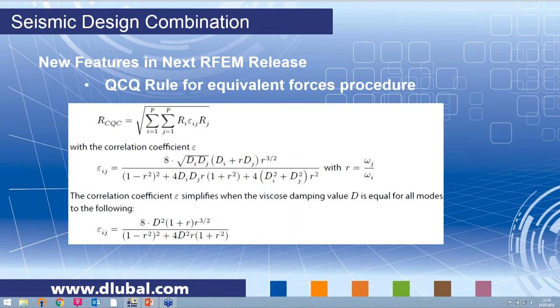For the CQC rule, we now have the option to consider the Rayleigh damping or a Lehr's damping, and the values we need for this are the damping values and of course the angular frequency of the used modes. I just want to show you how to work with these new options in the program.